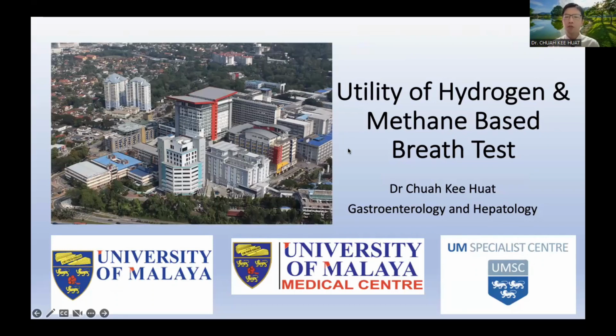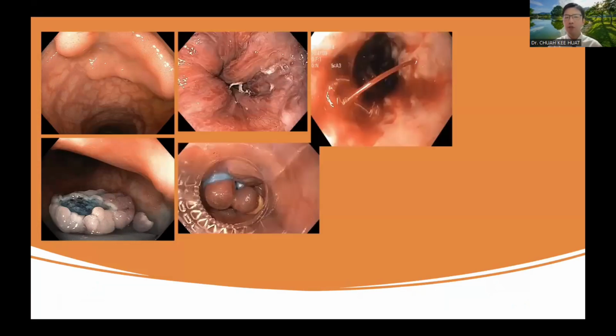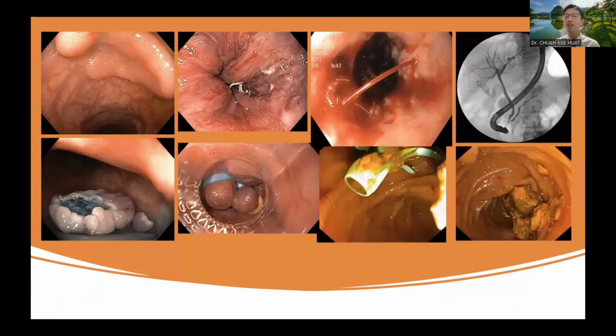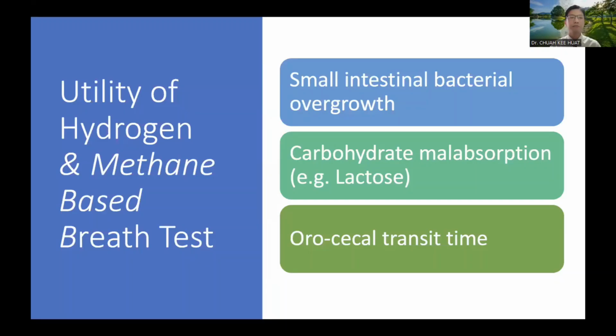I'm Dr. Chua. I'm going to talk to you about the utility of hydrogen and methane-based breath tests. As you know, in UMMC, gastroenterology is often associated with doing colonoscopy to diagnose colon cancer, to resect colonic polyps, to manage upper GI bleed, to do ERCP, to remove stones, to insert stents, etc. But besides all these interventions, we also provide the service for hydrogen and methane breath tests in UMMC.